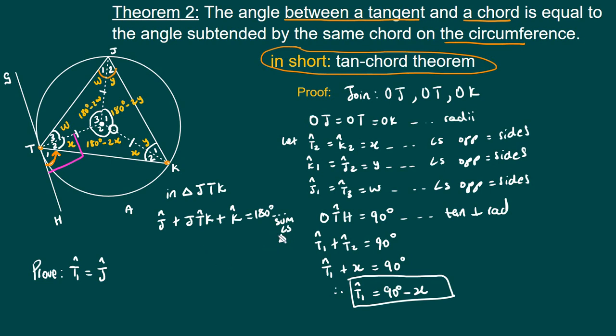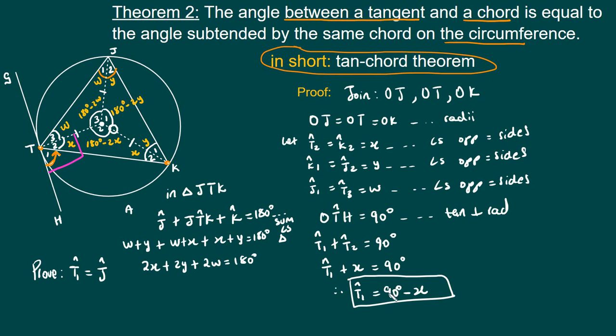I'm just squeezing it there because I don't have space. Angle J, remember, is going to be w plus y, plus angle JTK is going to be w plus x, and then here you're going to have x plus y is equal to 180. Good people, I told you that you'll always have 2x plus 2y plus 2z. But in this case it's w, so we're going to say plus 2w.